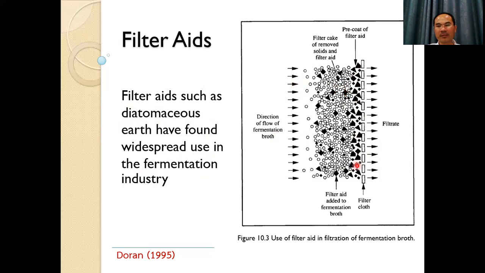Mostly we coat the filter aid in front of the filter cloth, and then when we separate the solid from the liquid, we flow the suspension or mixture in this direction. The circles are the solid that we would like to remove. The solid can deposit in front of the filter aid, but only liquid passes through the filter cloth. This is the characteristic of the filtration.